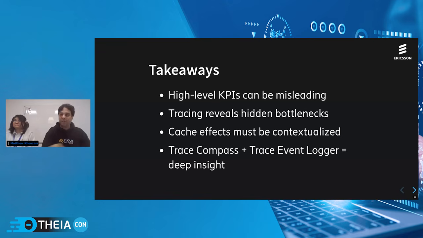You need to know what your cache is being used for. So finally, if you have Trace Compass and Trace Event Logger or whichever logger you want, you will see that you'll get some much better insights in the tracing or in your performance profiles.